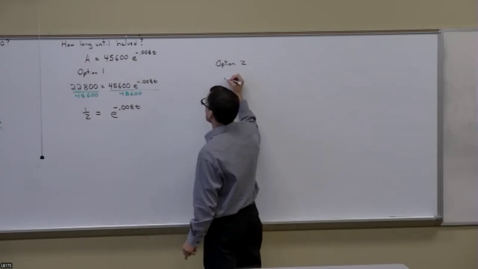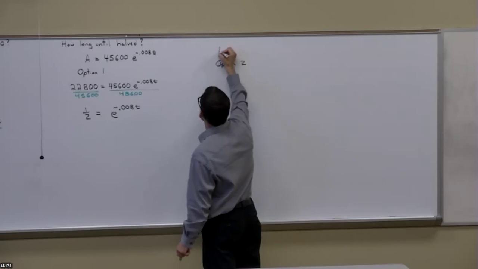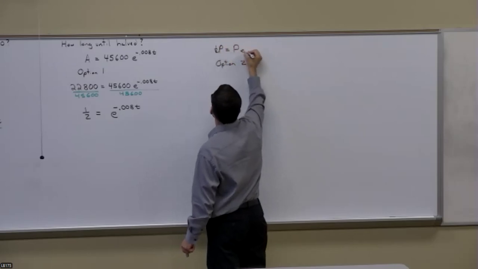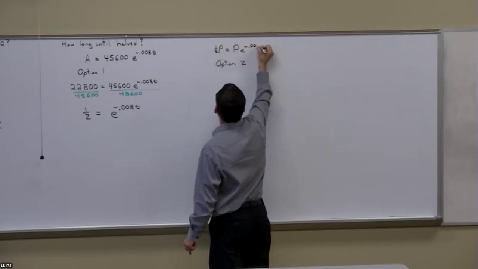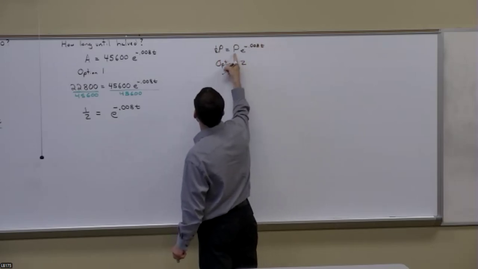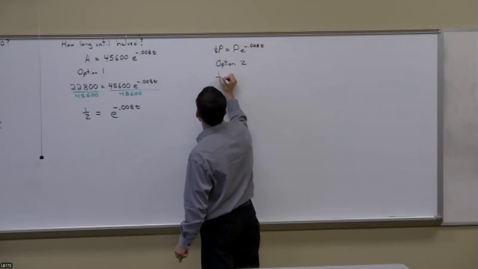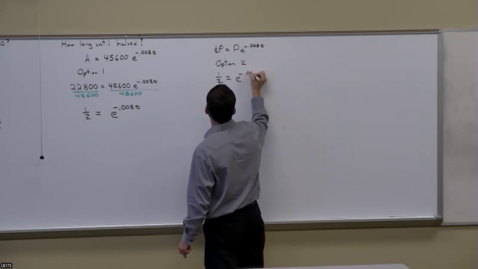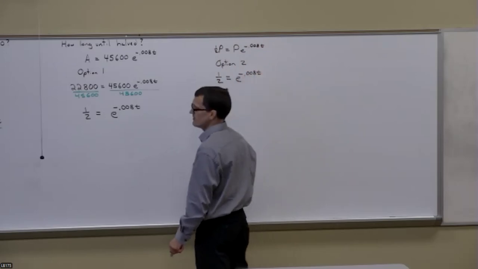So another option is just to think of this last amount as half of your principal. And realize that when you divide both sides by whatever your principal is, you get a half equals e to the negative 0.008 times t.